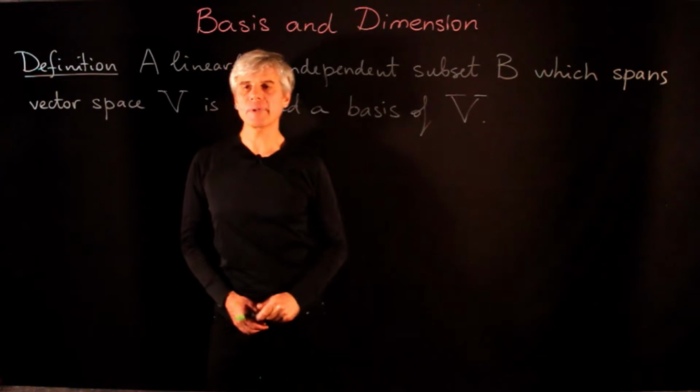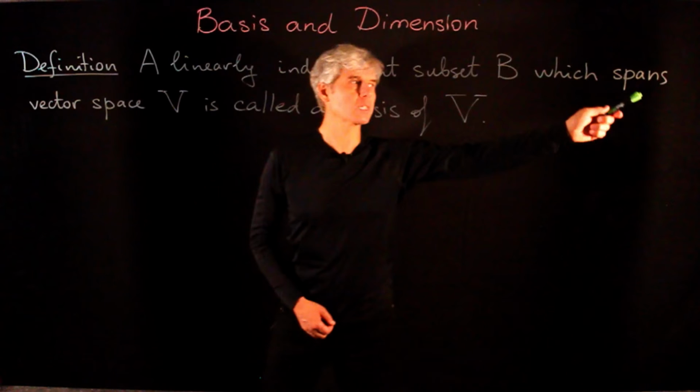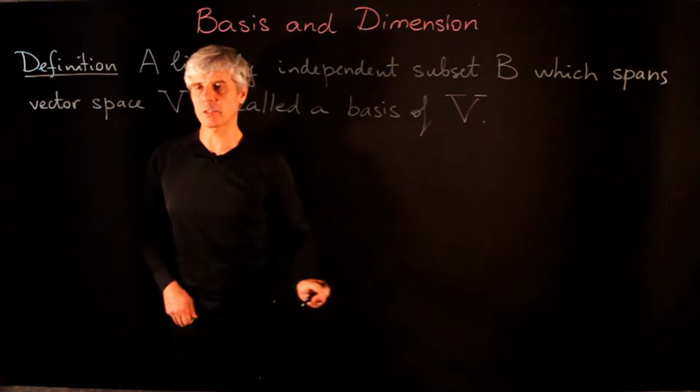First, it's linearly independent, and second property is that it must span the vector space.